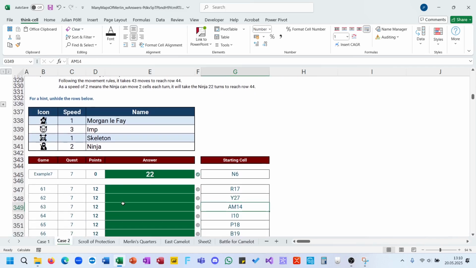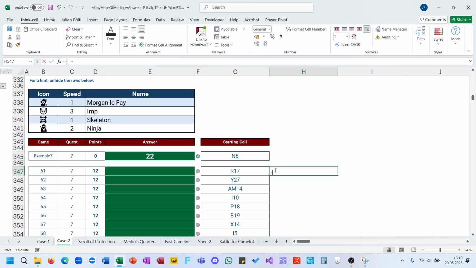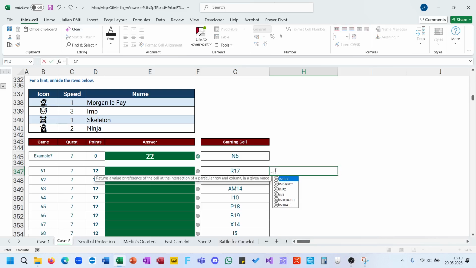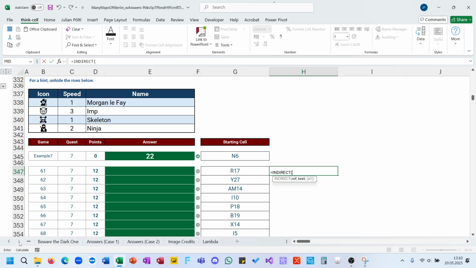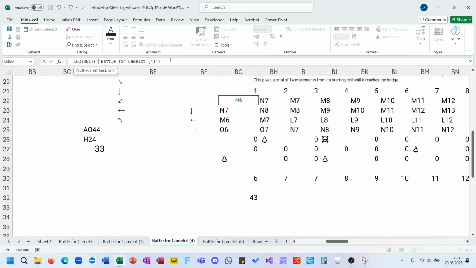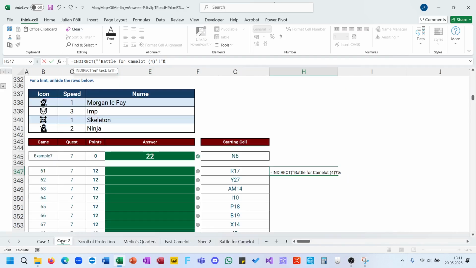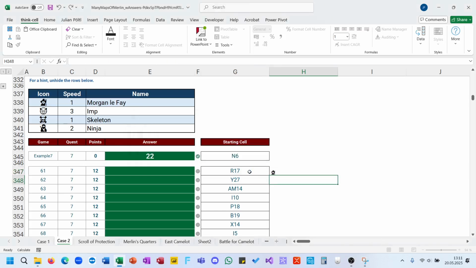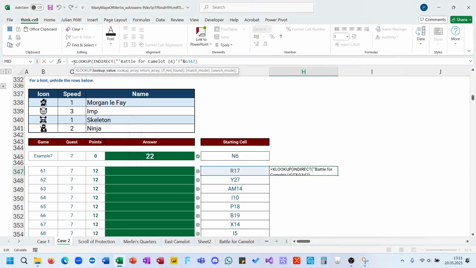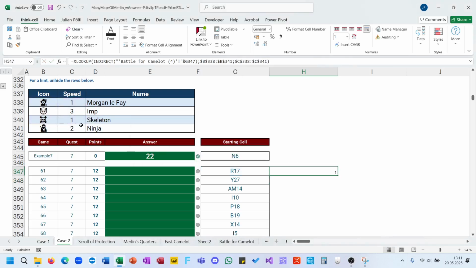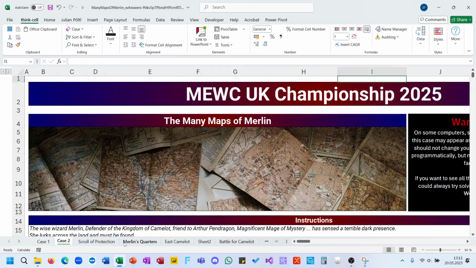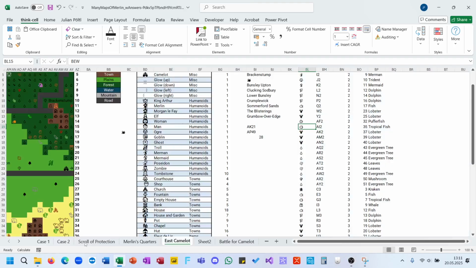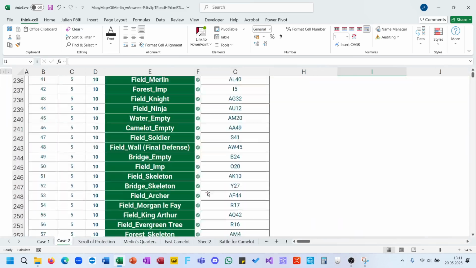And then depending on the icon, yeah, okay. Indirect. This is so annoying. It's also super or quite dangerous. Okay, this is the speed. Here we are.